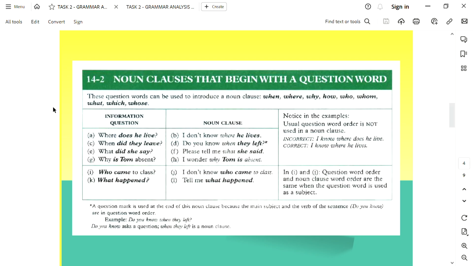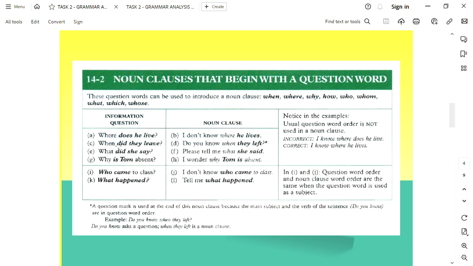Right. So now noun clauses that begin with a question word. They are when, where, why, how, who, whom, what, which, and whose. This is the information question.